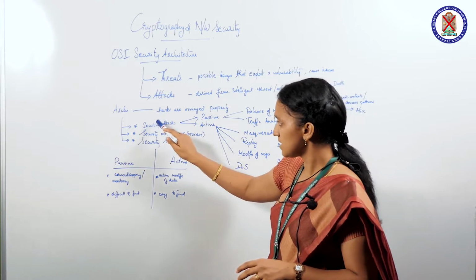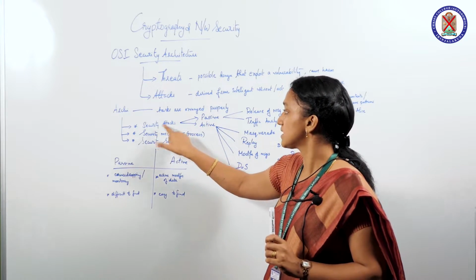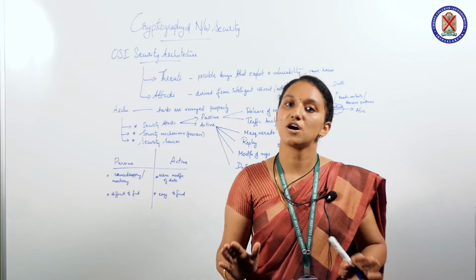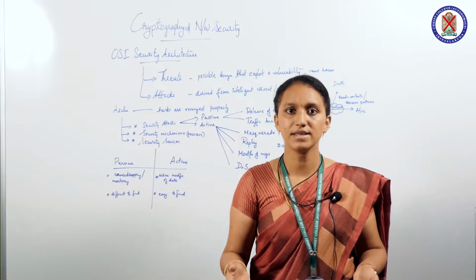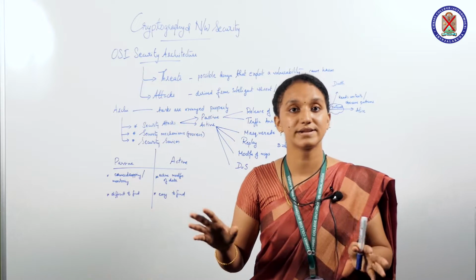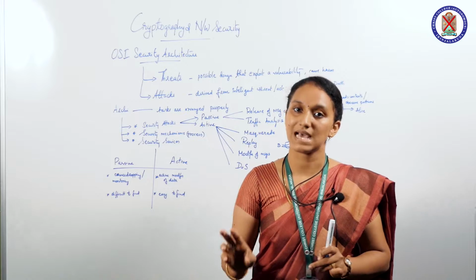So all the tasks are arranged properly using this architecture. Now, security attacks. What is a security attack? Any action that compromises computer security can be called a security attack. Any action, okay? And mostly there are 2 general classifications. The first one is a passive attack. The second one is an active attack.